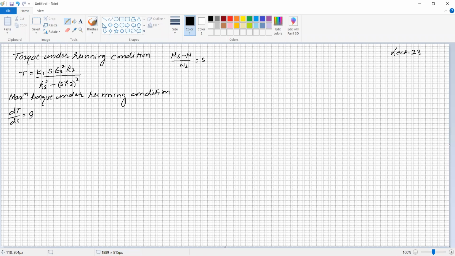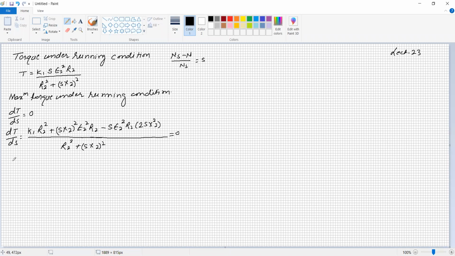We get dT upon dS is K1 times, in the numerator, (R2 square plus (Sx2) square) into E2 square R2 minus S E2 square R2 into twice (Sx2) square, divided by the denominator square, (R2 square plus (Sx2) square) whole square. Putting it equal to 0, this term becomes 0.